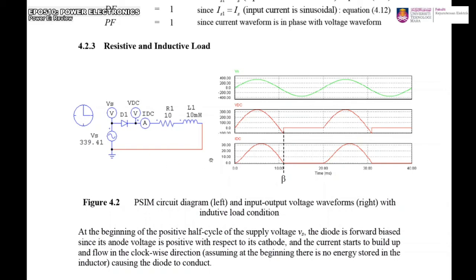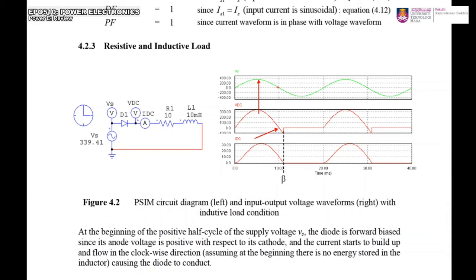Just to refresh again, during the positive half cycle, the current will start to flow in this direction, and the diode is forward biased, and therefore VDC equals Vs. If you look at this waveform, VDC will copy the Vs, but only up to that point.